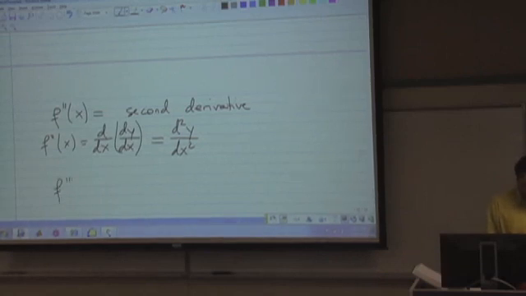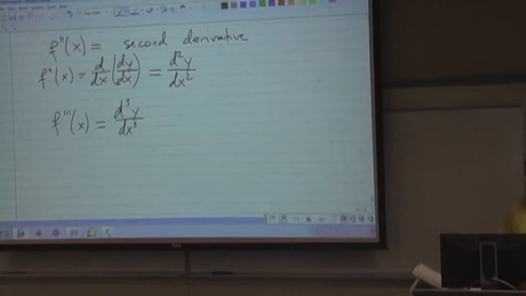How about f triple prime of x? Is that dx quantity squared or just dx? dx squared. So the square is on x. So what would you guess this to be? We call this the third derivative. It's just d cubed y over dx cubed.